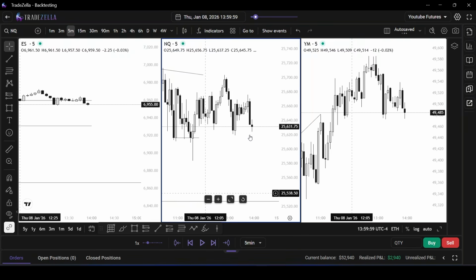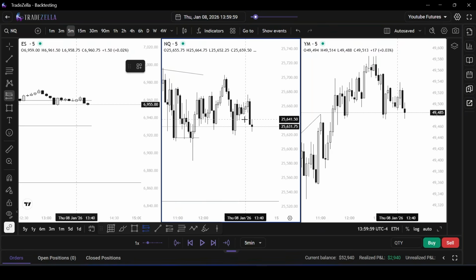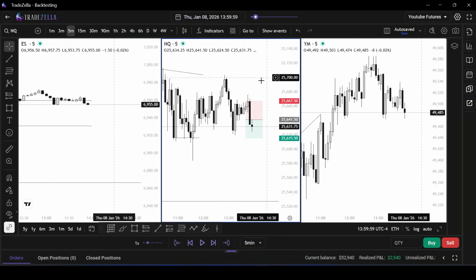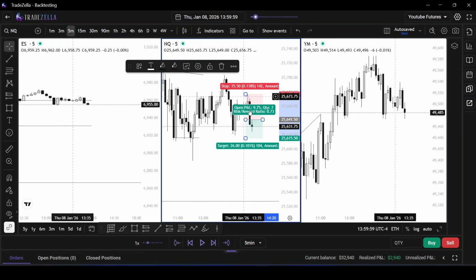I think I can take a trade from here if we can retest this fair value gap. I'll take a trade.